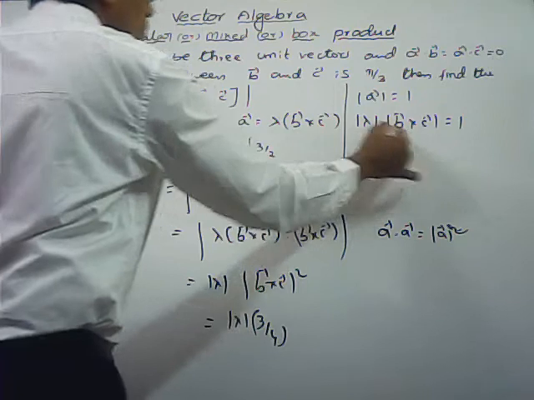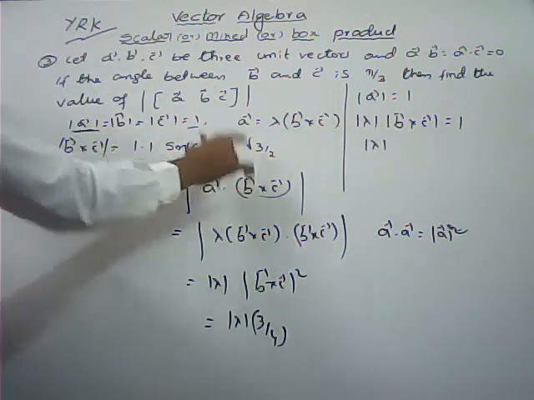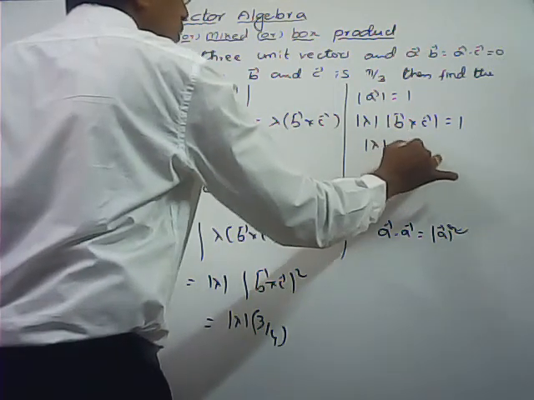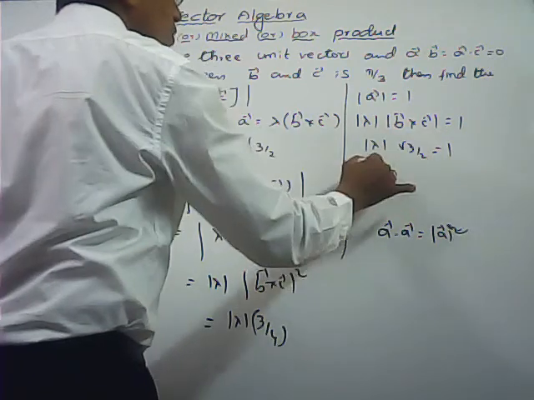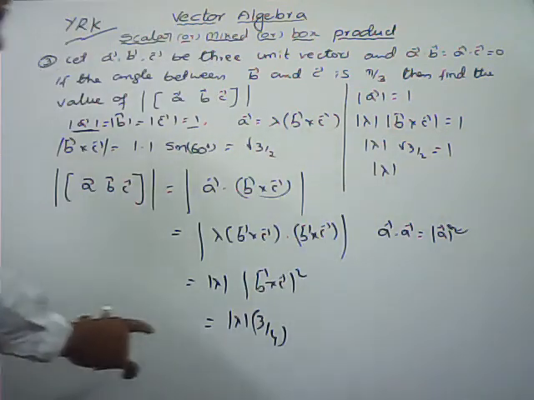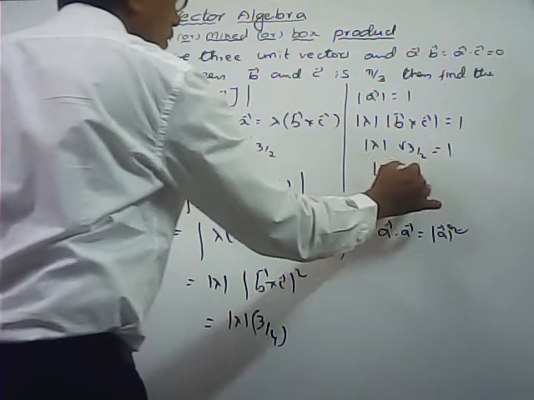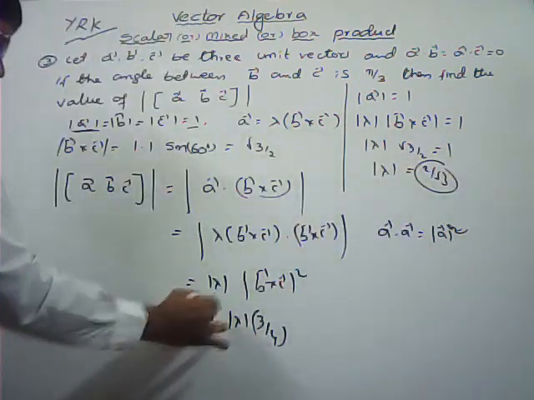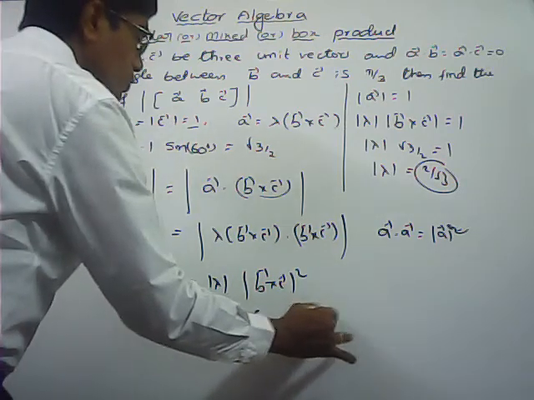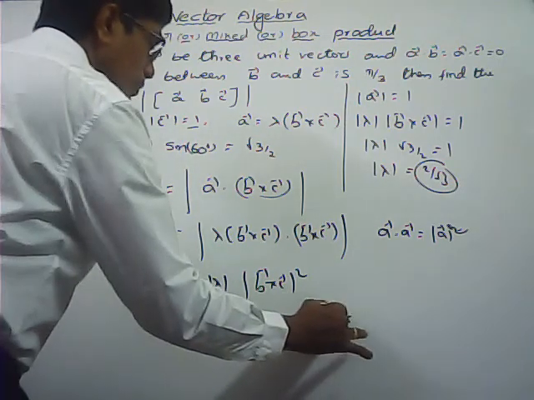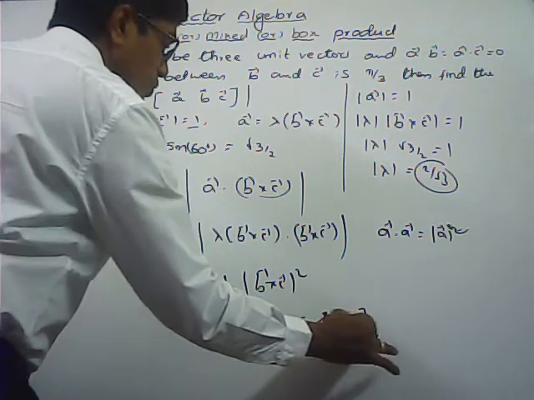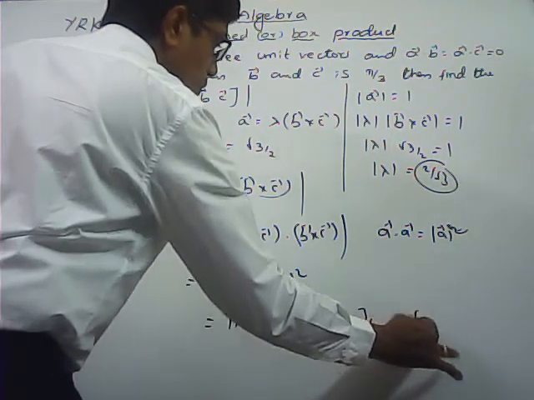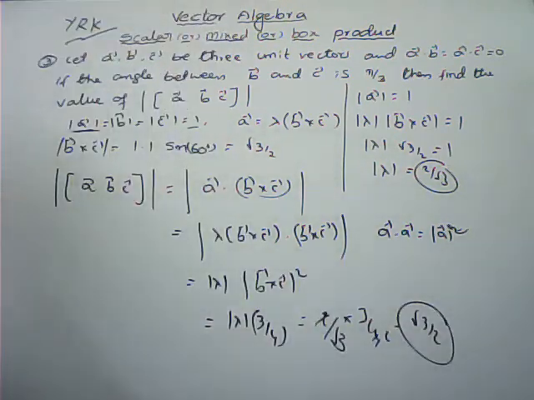Already we got root 3 by 2 for modulus of B bar cross C bar, so modulus of lambda into root 3 by 2 equals 1. So modulus of lambda is equal to 2 by root 3. You can substitute that value, 2 by root 3 into 3 by 4, which is equal to root 3 by 2, that is the value of modulus of box ABC.